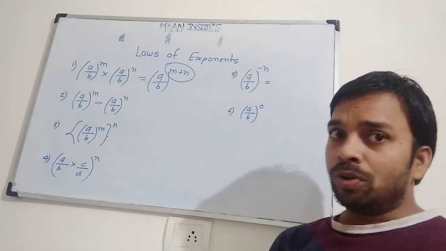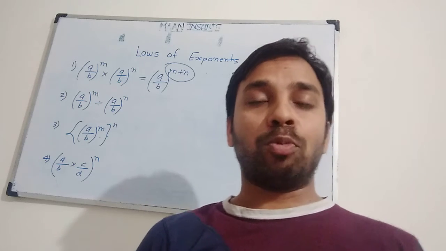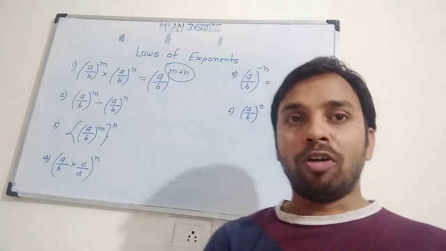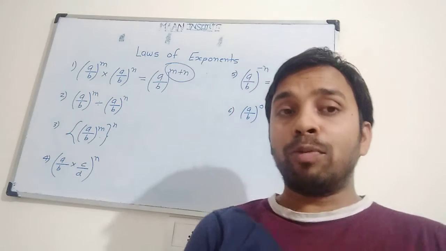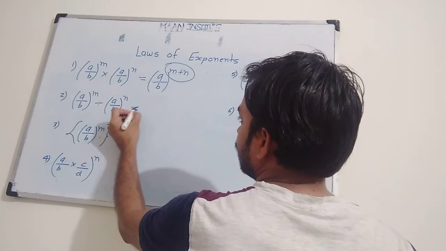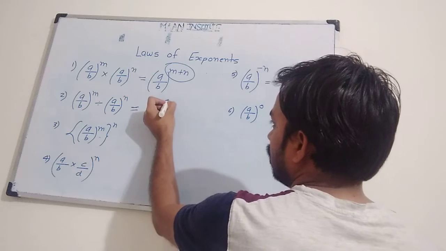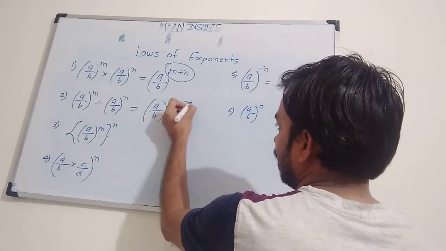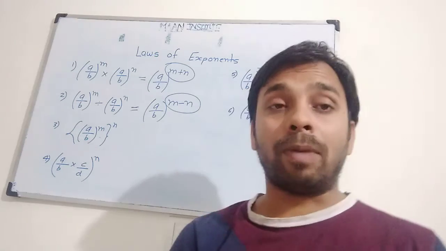So right now, we will just subtract the powers or exponents. Understood? So how would it look? See here. (a/b) to the power m minus n. The powers are just subtracted.